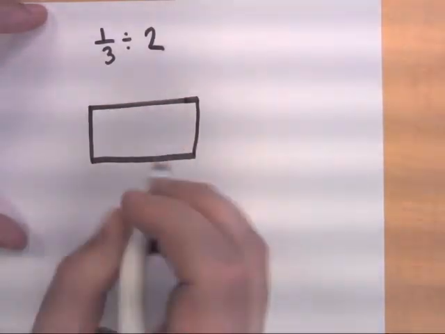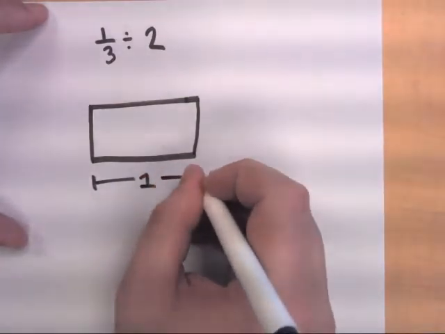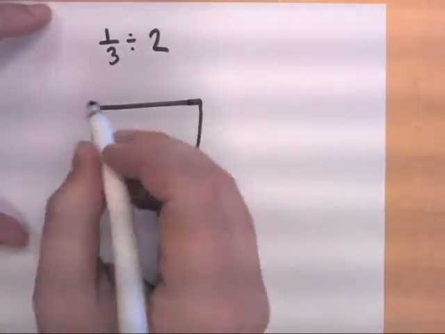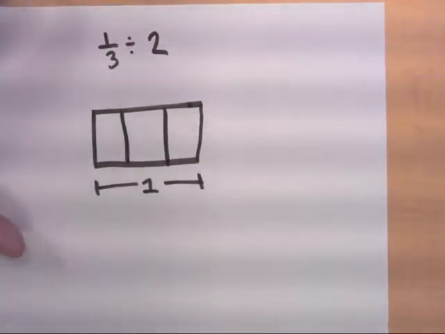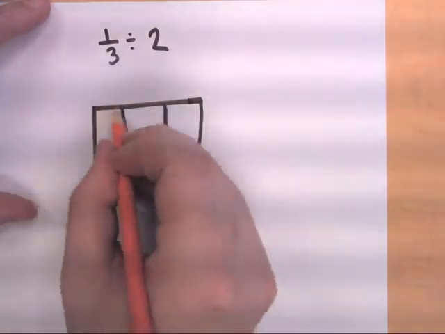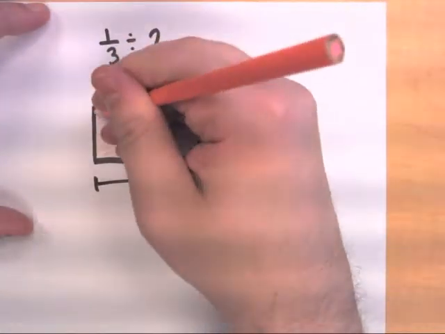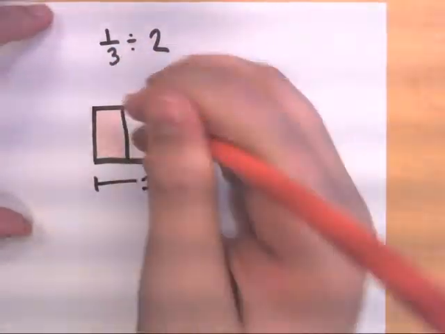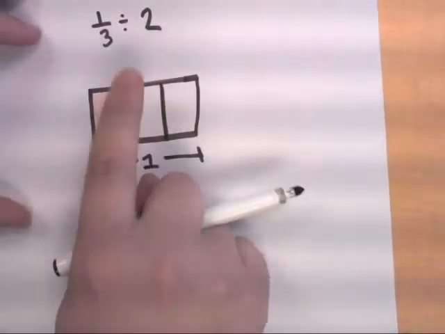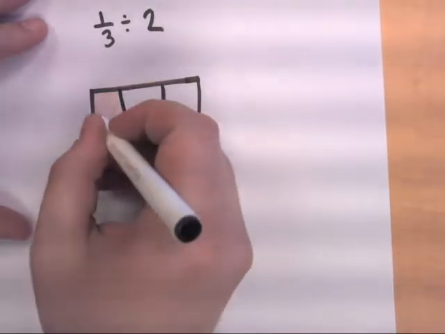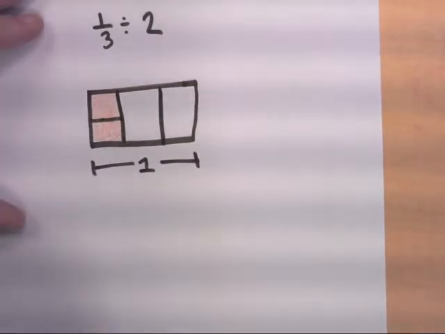So if this box right here, or this rectangle I should say, is 1 whole, then I could divide this 1 whole into 3 equal pieces, and then shade one of those equal pieces to represent 1/3. Well, I want to divide this 1/3 by 2. And that's easy enough to do. I'm going to go across my 1/3 and divide it into 2 equal pieces.